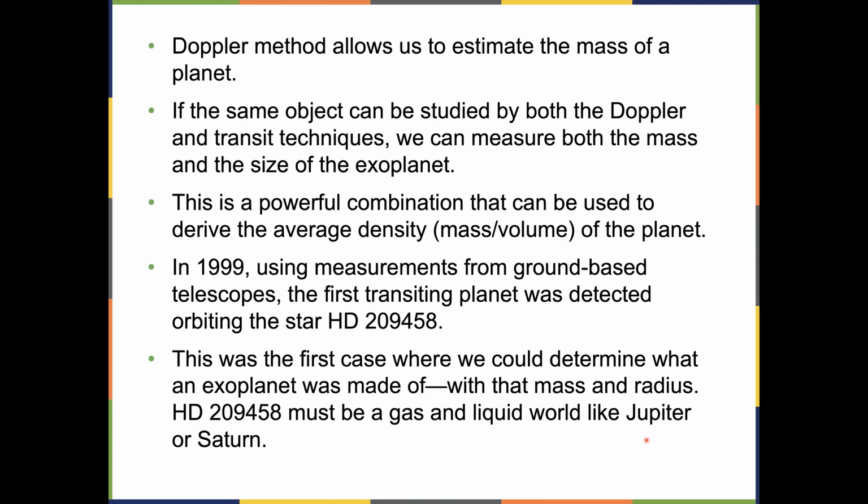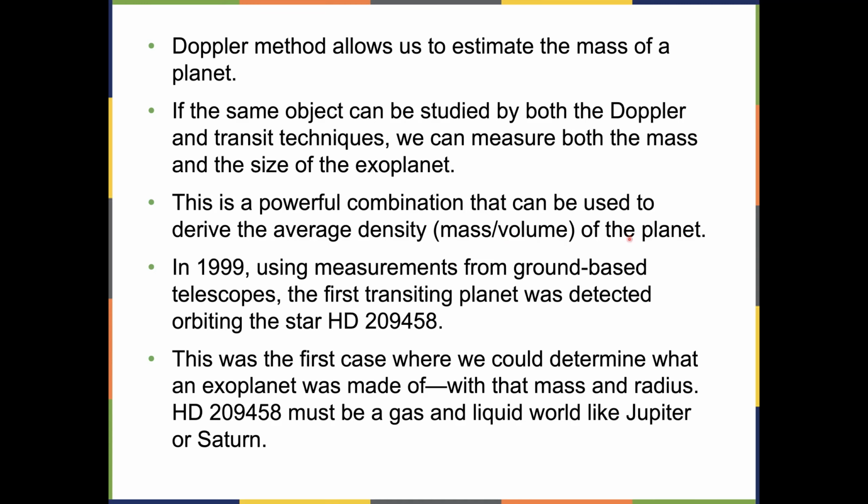So the advantage is that if you can use both methods to look at one particular planet, you can find the mass and the size of the planet, and that will give you the average density of that particular planet, right? So that is the advantage.